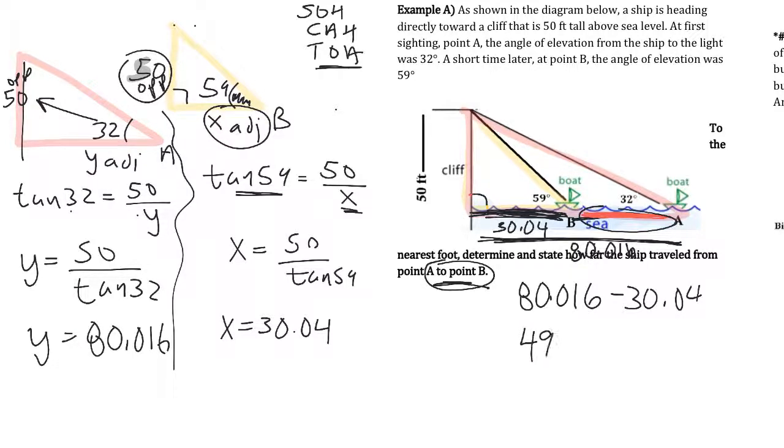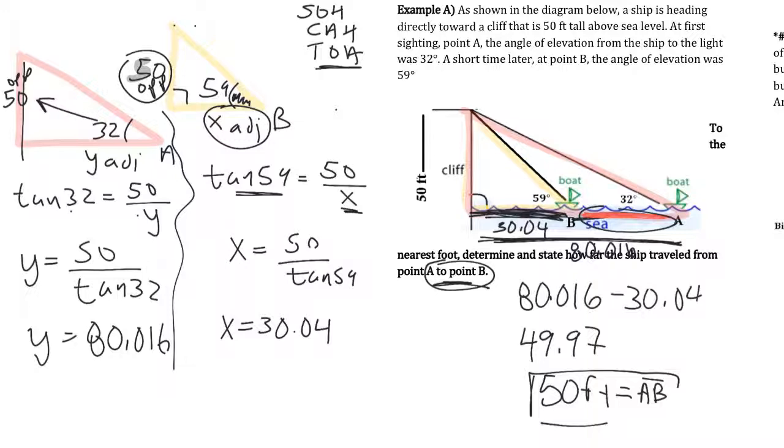And you get 49.97. But it says round to the nearest foot, so the nearest foot would be 50 feet. And that's how long it is from A to B.